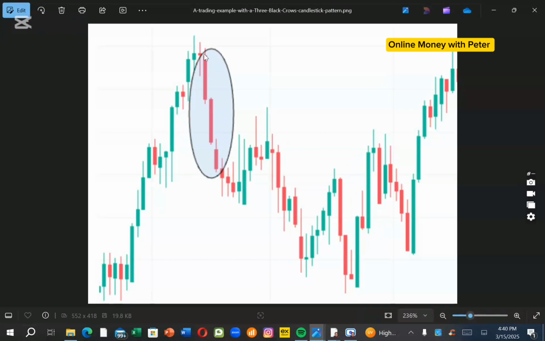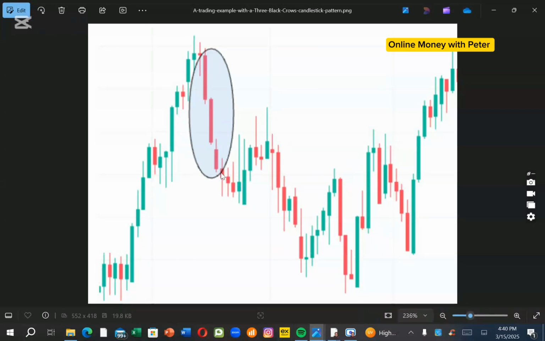So when the first candlestick is formed, you shouldn't take a trade. You wait for the second one and then the third one. Then after the third candlestick is formed, you have a greater probability that the reversal is going to continue to go down. And then you place your trade a few cents below the third candlestick, maybe somewhere here.